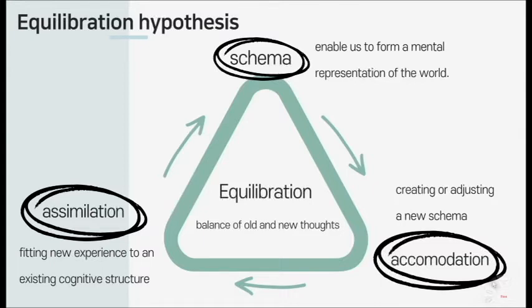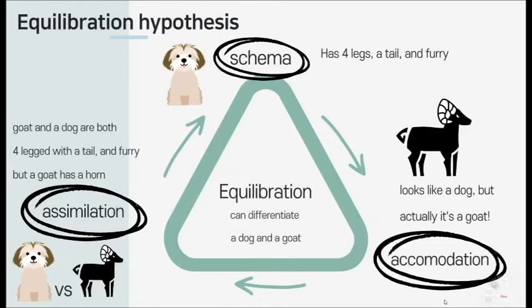The cycle goes on and on until a child is able to reach equilibration, the balance of old and new thoughts. You might be wondering, what does this mean? You get that there's a basic block that enables us to get an understanding of the world, but you don't know what accommodation and assimilation is. Let me explain further in detail.